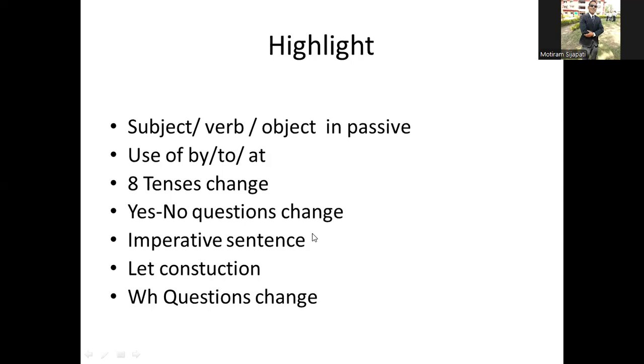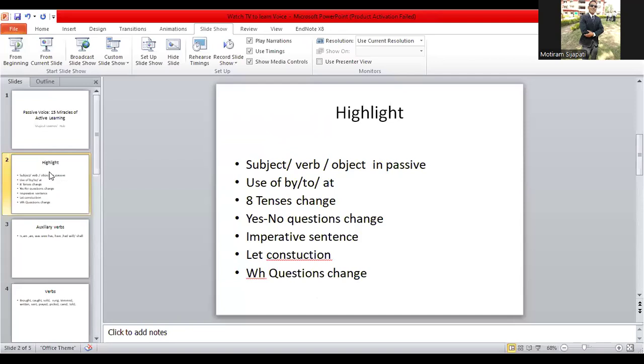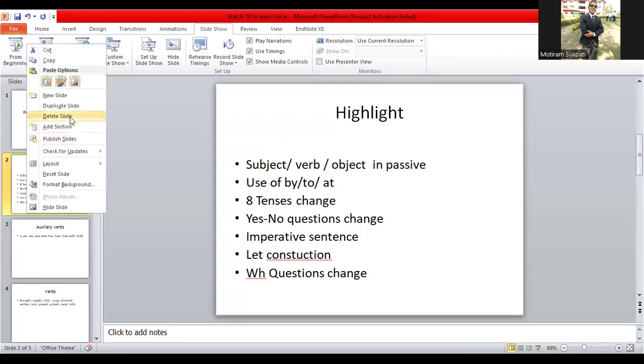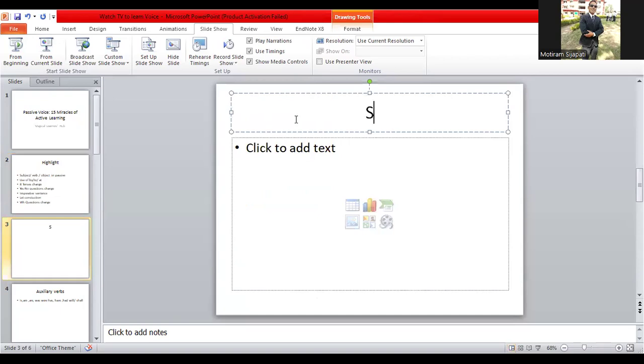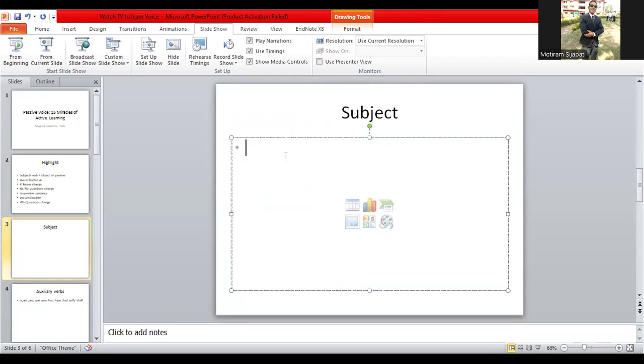Now, let me give you an example of the subject so that you will get more idea about this. Some of you are beginners also. Let's think about it. If we are talking about subject, here is one.